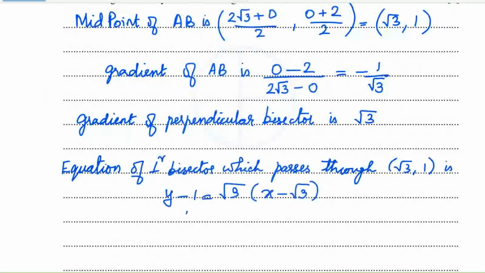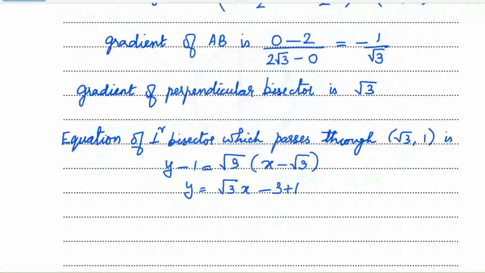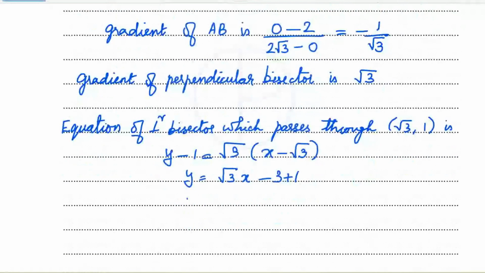So y is equal to square root of 3 x minus square root of 3 multiplied by square root of 3, which gives 3, and minus 1 when it comes to this side will be plus 1. So y is equal to square root of 3 x minus 2. This is the equation of the perpendicular bisector.